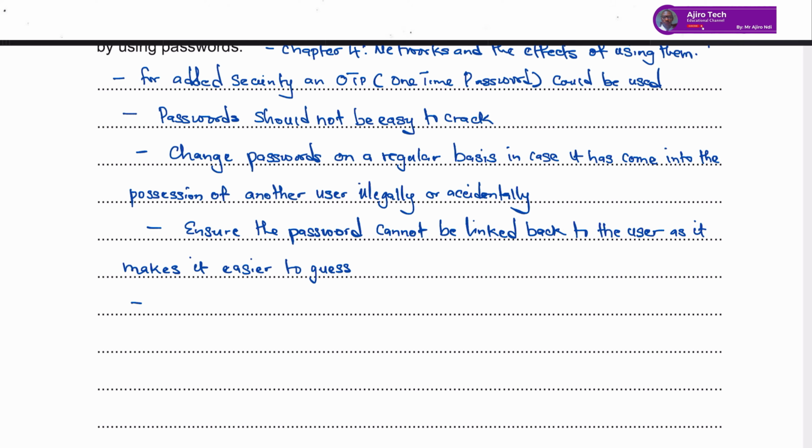OTP, okay, requires extra hardware to be used.